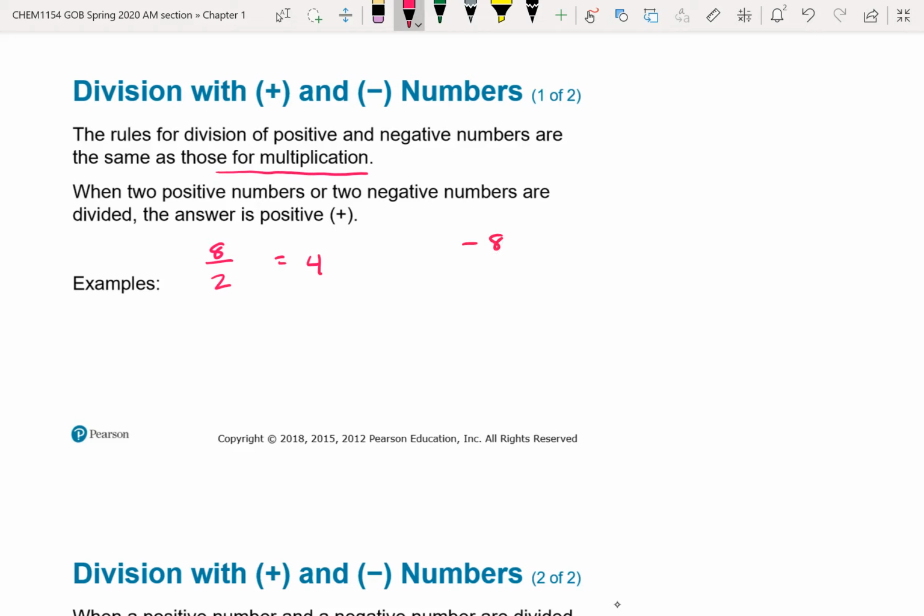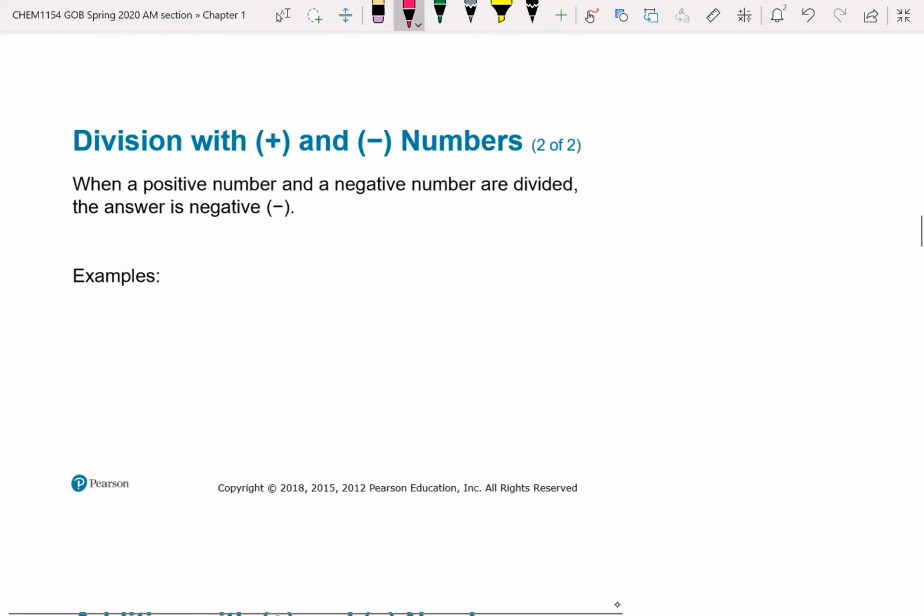Negative 8 divided by negative 2 is also going to give me positive 4. If I have two numbers with different signs, so negative 8 divided by positive 2, that's going to give me negative 4 as my answer. So it's the same rule that we use for multiplication.